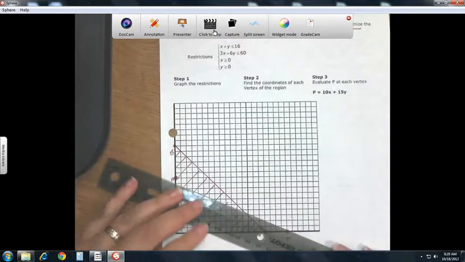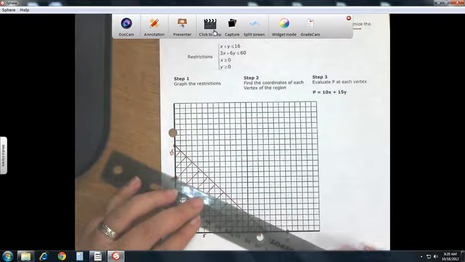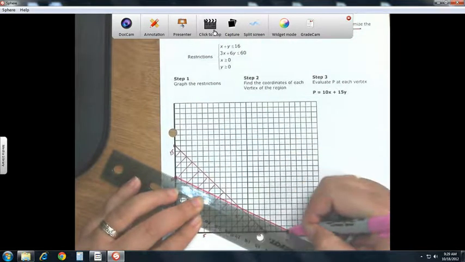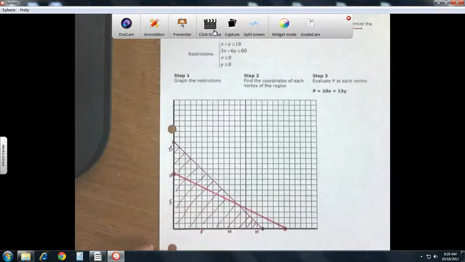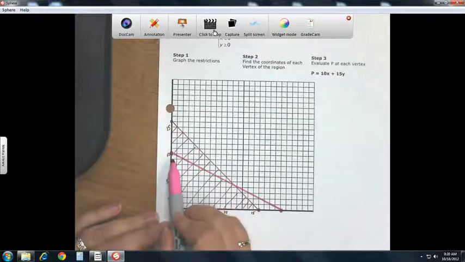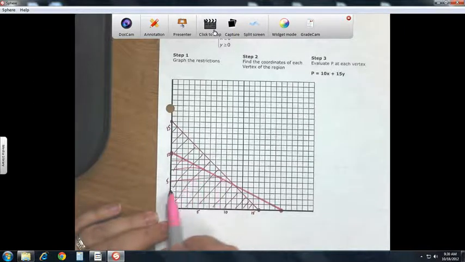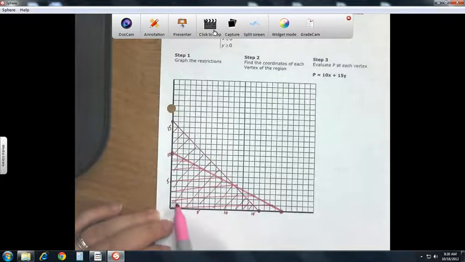Now that one is less than, so that would be all of this. And what we're looking for is where the two graphs, the pink and the red, would overlap. And that would be right here.